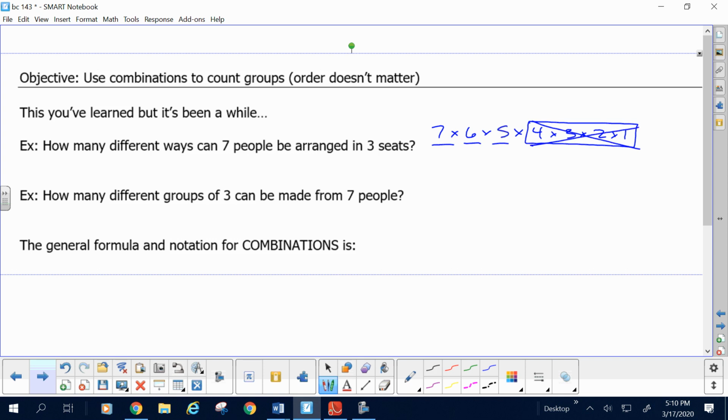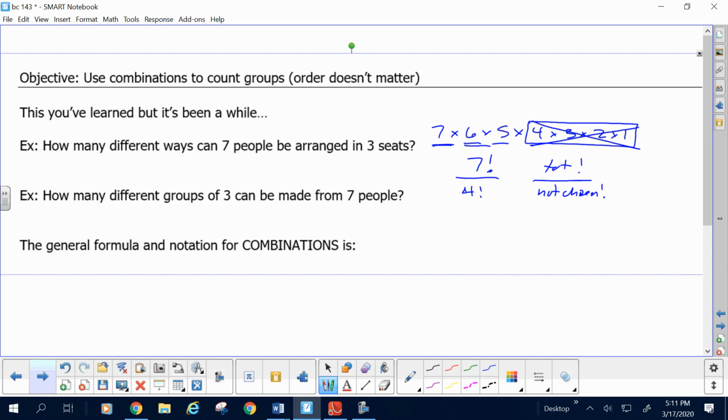I would eliminate that. Now that's a permutation, and another way of looking at that, besides putting these spaces down, is saying I could arrange all of them, but remove the ones that are not chosen, which is to say 4 factorial. Generally speaking, you'd say this is the total to choose from and the not chosen arrangements, because we're not going to arrange people not in the group.